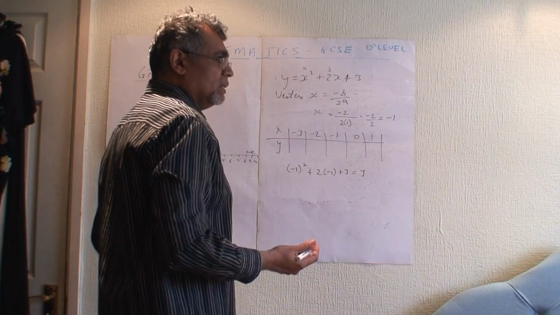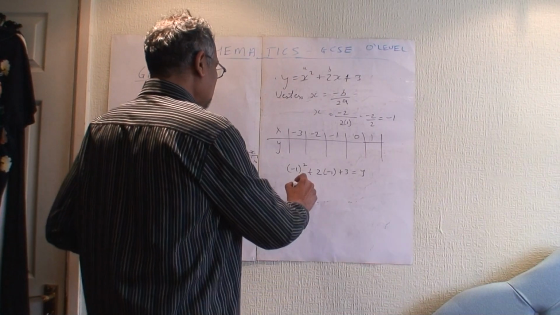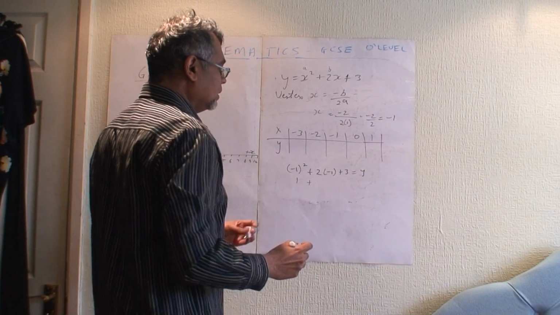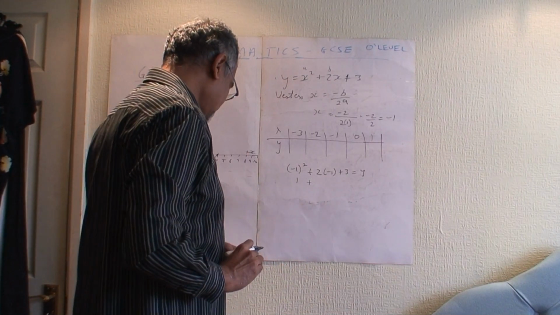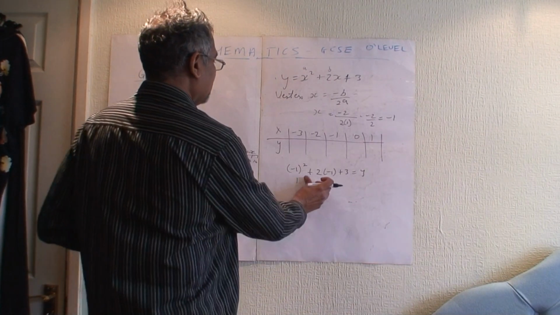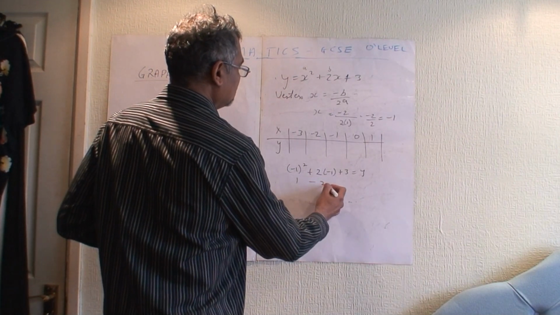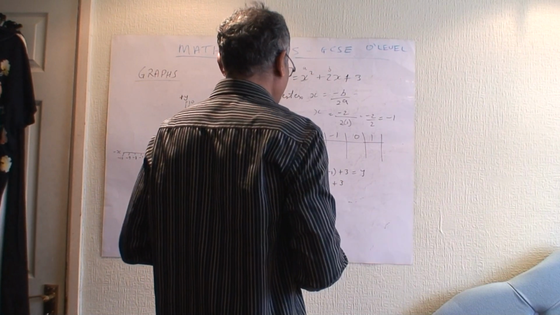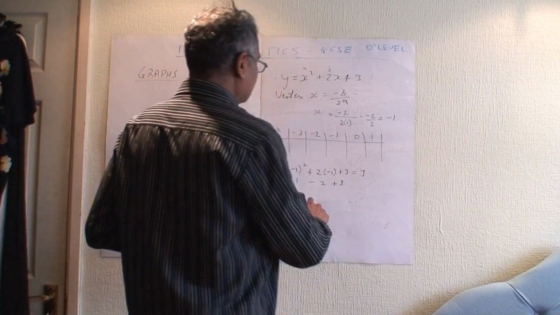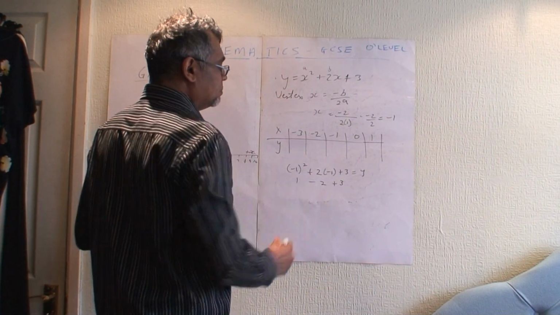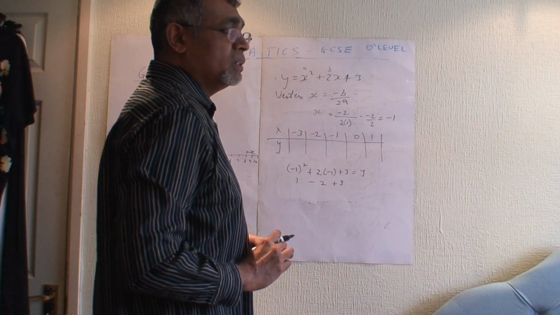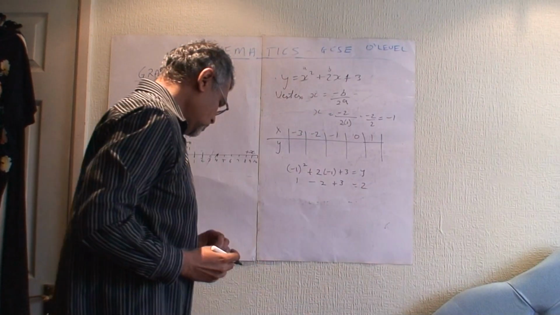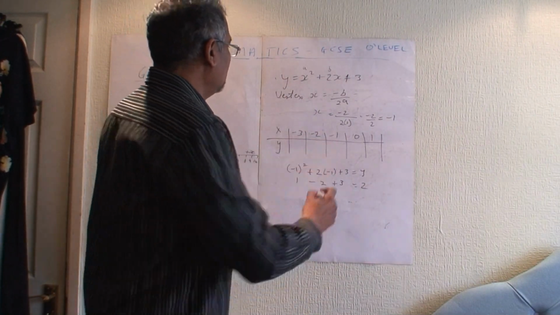Minus 1 squared is 1, plus 2 multiplied by minus 1 becomes minus 2, plus 3. So 1 minus 2 is minus 1, and plus 3 gives us 2. So if x is minus 1, then y is 2.